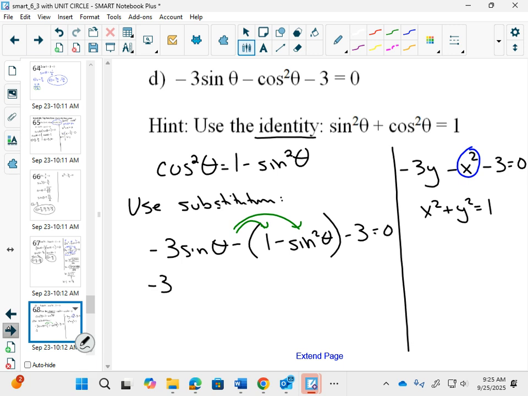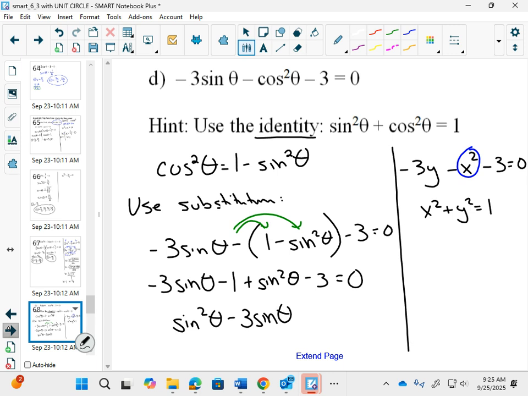We're going to get a minus 3 sine theta minus 1 plus sine squared theta minus 3 equals 0. And now we only have one trig function, which is like only having one variable. It's quadratic. Because it's quadratic, I would combine my like terms. I would write the sine squared first. Minus 3 minus 1 minus 4.